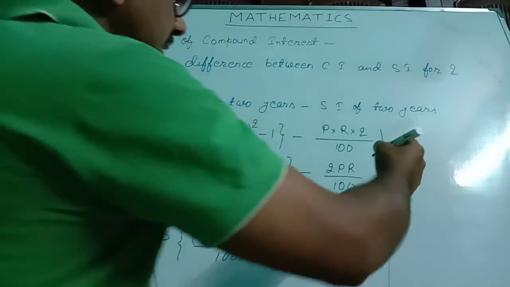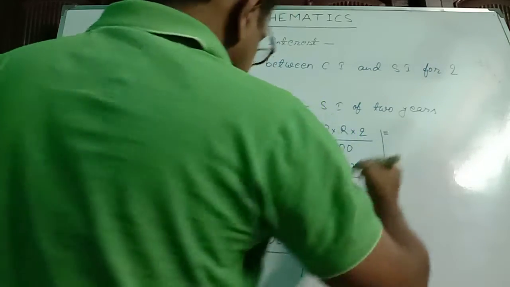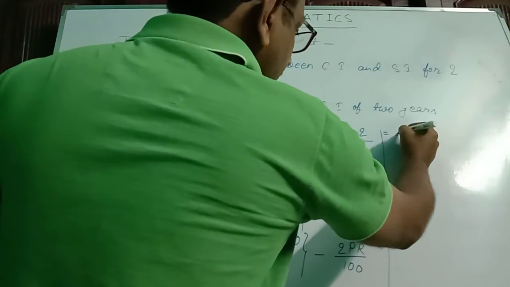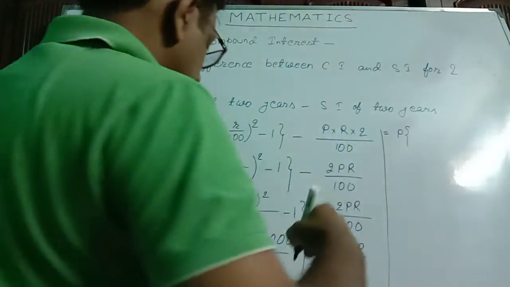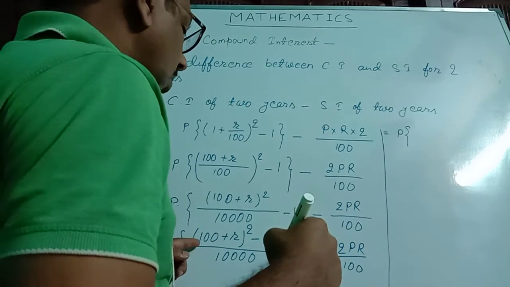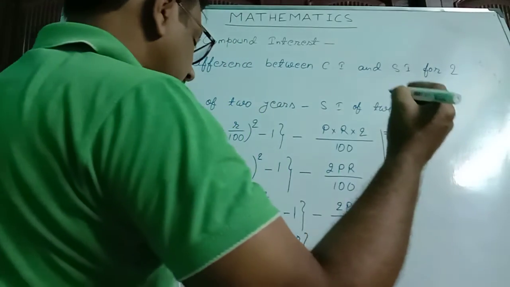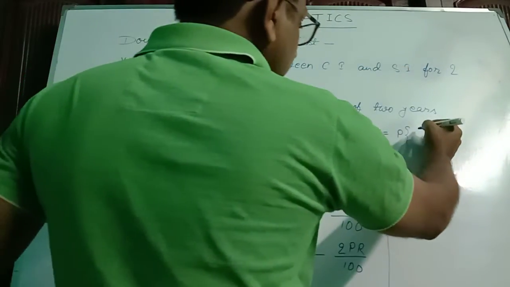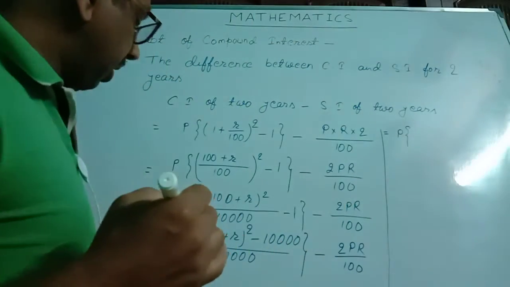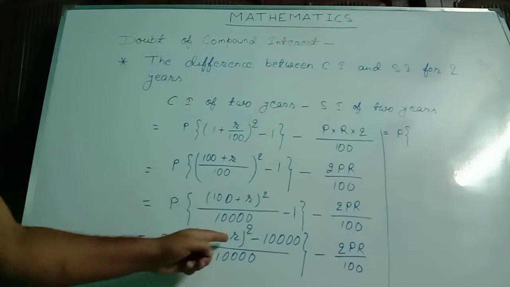Now, in this part, P into (100 plus R) whole square, so this is in the form of (A plus B) whole square.